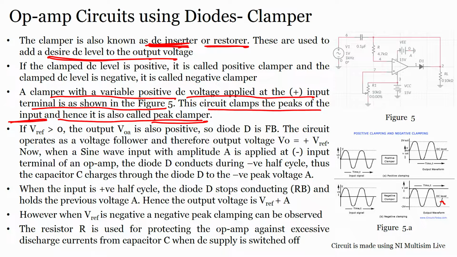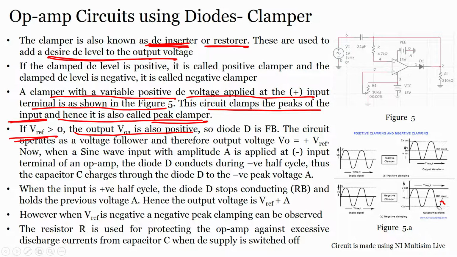So, how does it operate? Let us see. If V reference is greater than 0, the output voltage VOA across the terminal is positive.